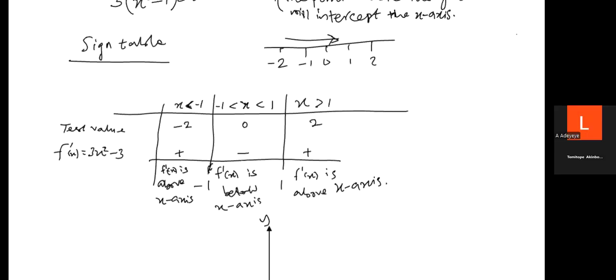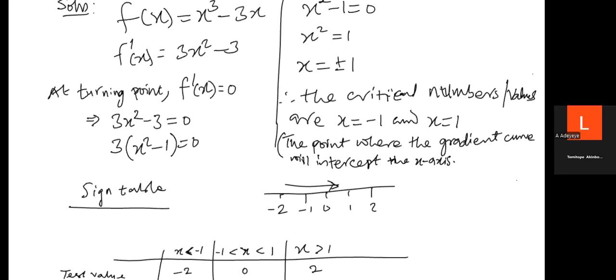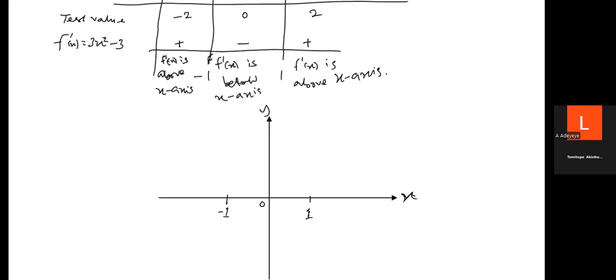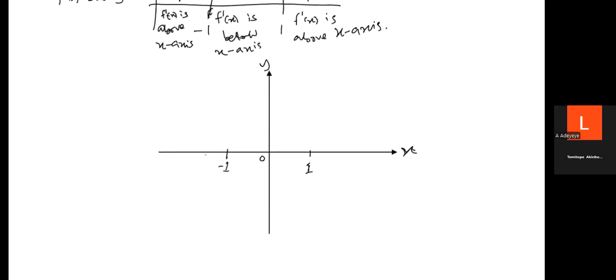I said the critical number values are x equals -1 and x equals 1. The point where the gradient curve will intersect the x-axis. So that means we are going to have an intercept here where I put -1 and 1. So we have a point here, and the curve is going to pass through this point.